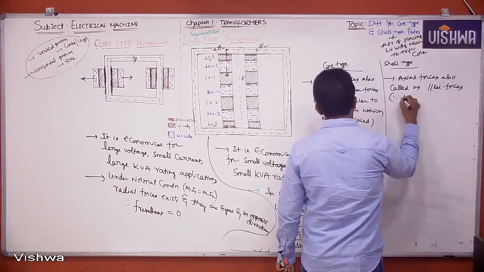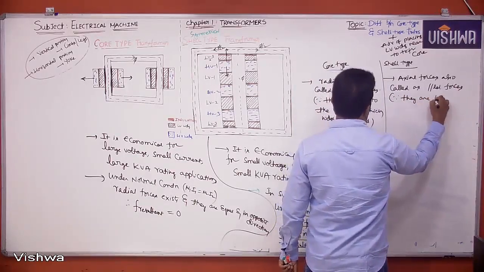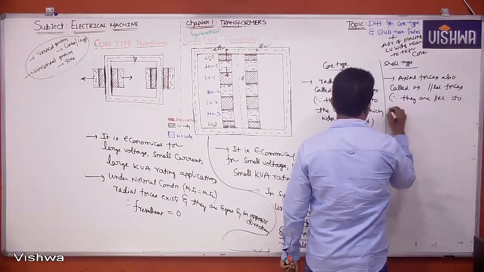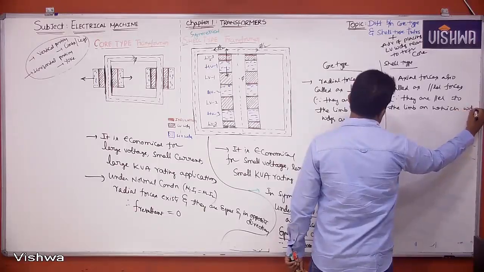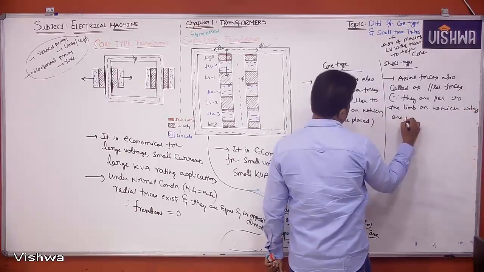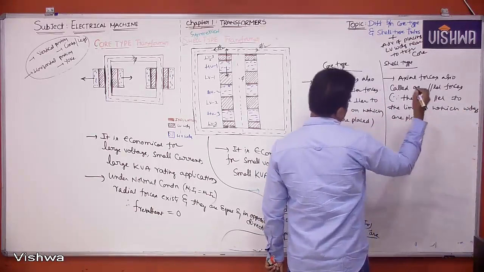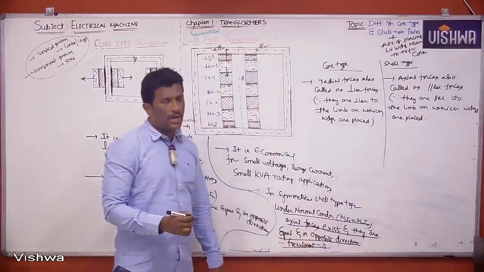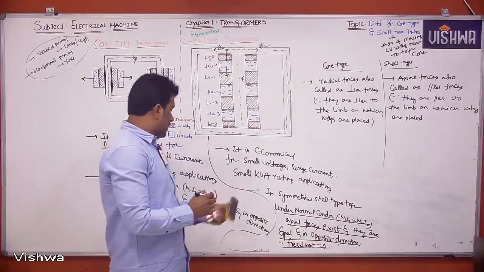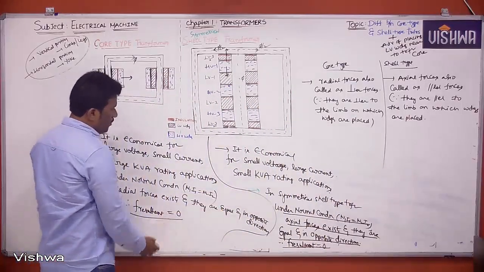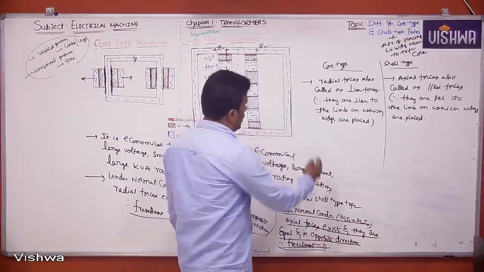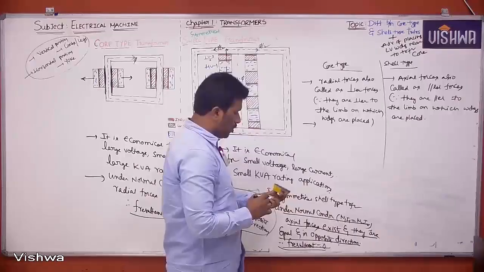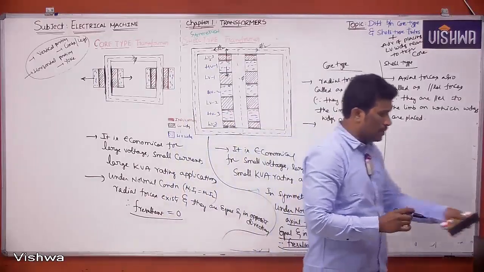Since they are parallel to the limb on which windings are placed. Okay. This is the case under normal condition. You said resultant force equal to 0. Under normal condition, total resultant force equal to 0. Very good.